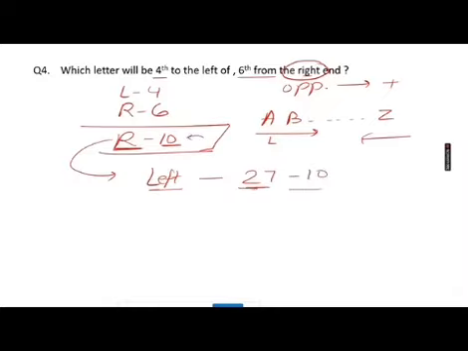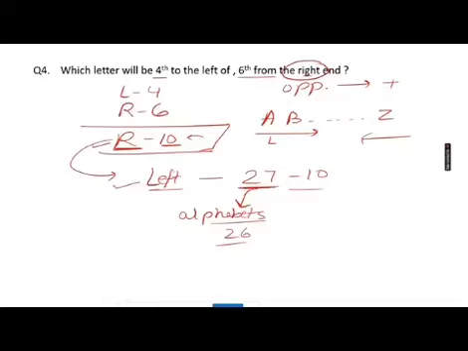And why are we subtracting the values from 27? Because in our alphabets, the total number of alphabets is 26, and whenever we have to find the position of any alphabet from the other direction, for example here the position from right is given to you and we have to find the position from the left, in that case you have to subtract from one more, right?